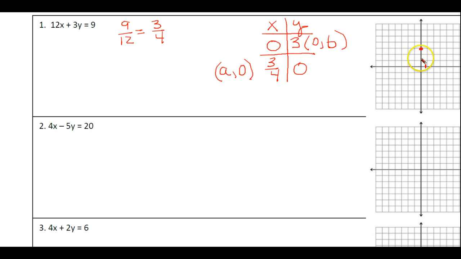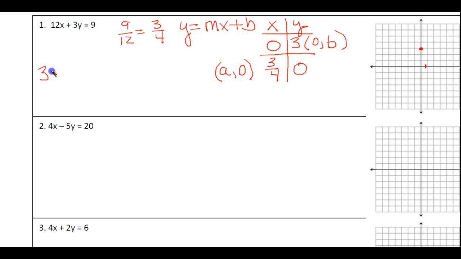So those are 2 points, but trying to graph 3/4 is a challenge. So let's solve this for our y value and put this equation in slope-intercept form, y equals mx plus b.